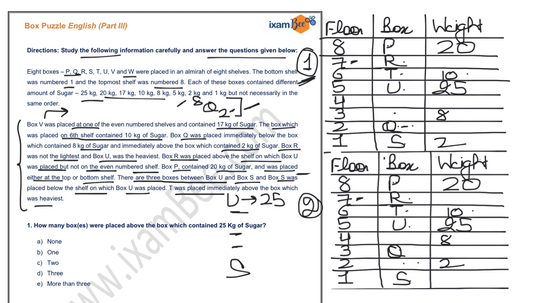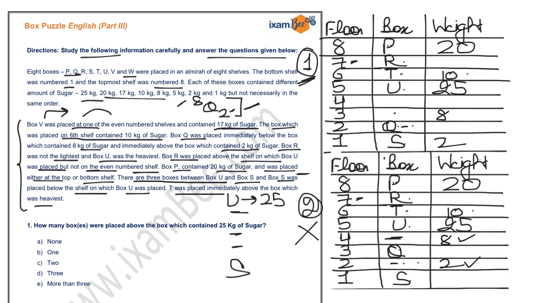Now if you read this condition that your box V was placed at one of the odd number shelf and contain 17 kg of sugar. So you have to eliminate your case number 2 because you know that either V can be fixed over here, that is position number 2, or V can be fixed at position number 4. But both the positions are occupied by 2 and 8 and your box V contains 17 kg of sugar.